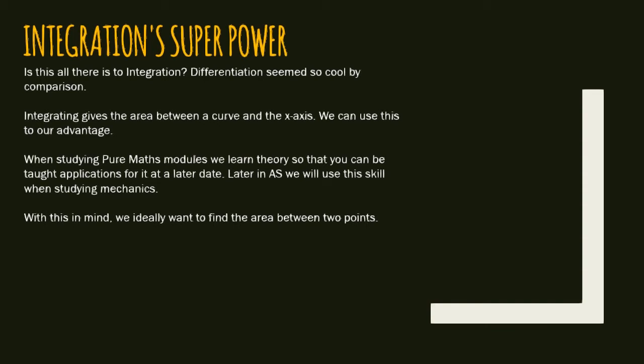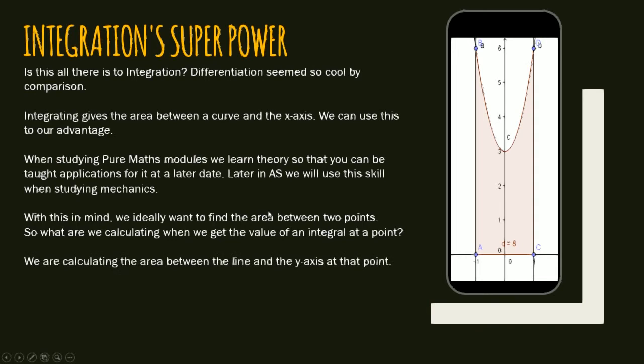With this in mind, we want to find the area between 2 points. In mechanics, the area under a velocity-time graph, for instance, gives you the distance that you've travelled, which can be very handy. So what do we calculate when we get the value of an integral at a point?